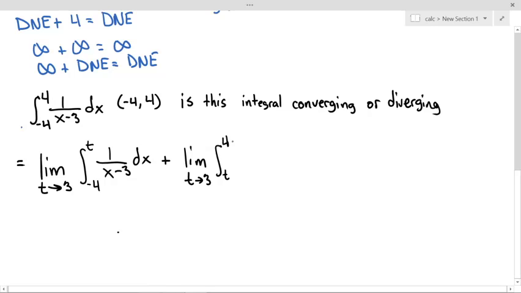So it's going from -4 to the discontinuity, and continuing from the discontinuity up to 4. This is how we convert an improper integral, which is discontinuous, into its proper form with both of these integrals.